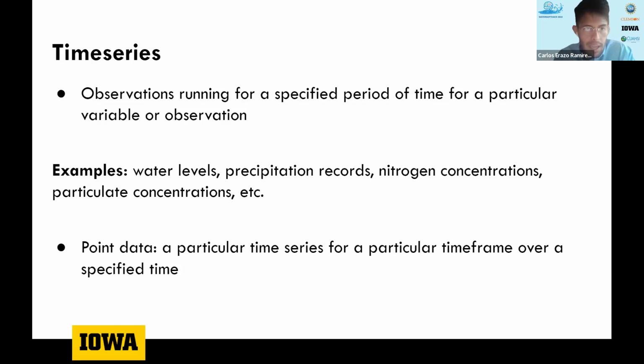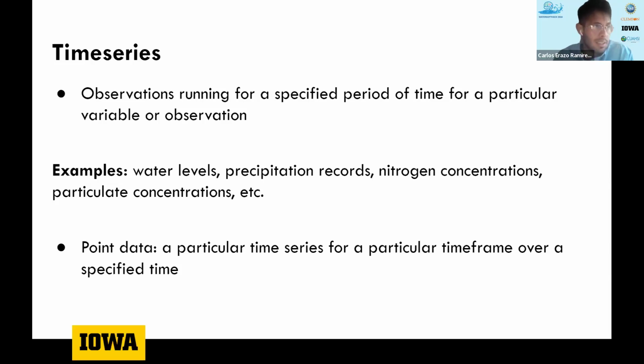Examples that we have in the hydrological domain are water levels, precipitation records, concentrations of different kinds of pollutants or nutrients such as nitrogen or phosphorus. So if there's anyone working with sediment transport, that's also something that you can analyze through time series.